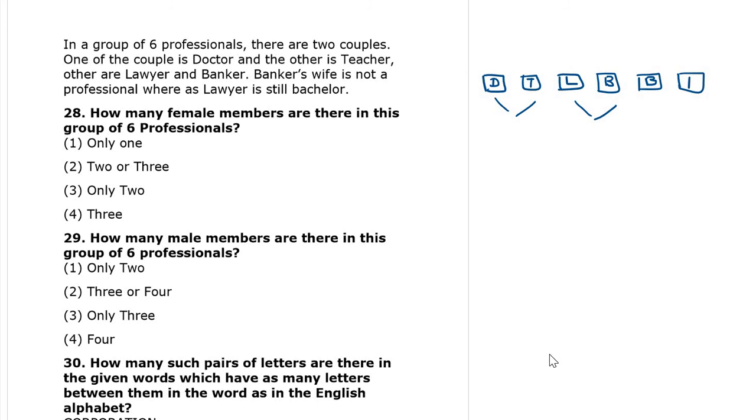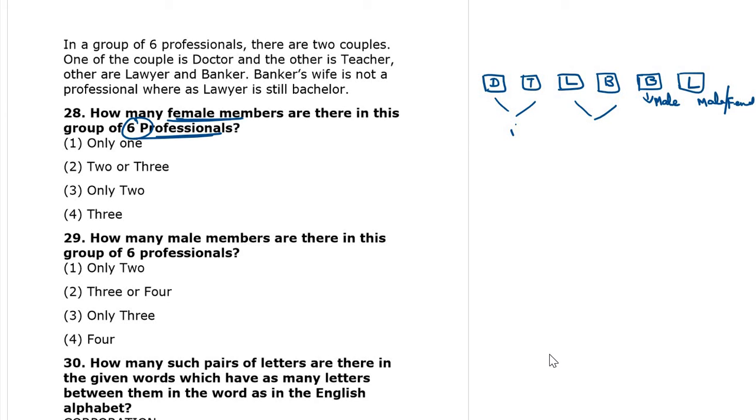And then lawyer is still a bachelor. Okay. This one is banker's wife, therefore is a female. Here it is a banker, a male. Here it is still a bachelor. It may be a male or female. Okay, that is a condition. So the question is how many female members are in the 6 professionals? We are considering only 6 professionals.